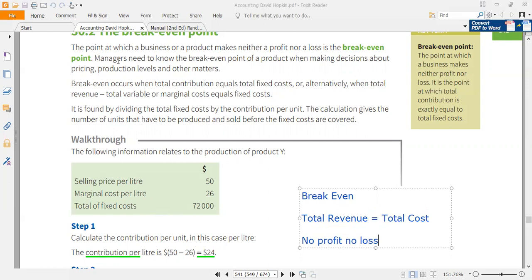The point at which a business or product makes neither profit nor loss is called the break-even point.